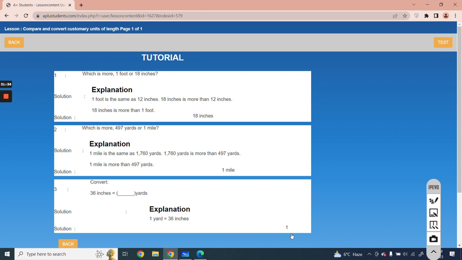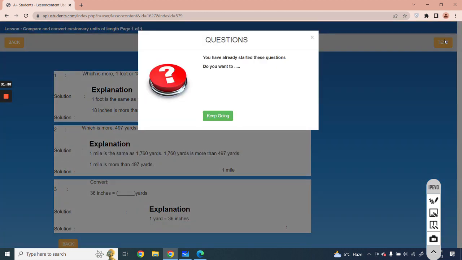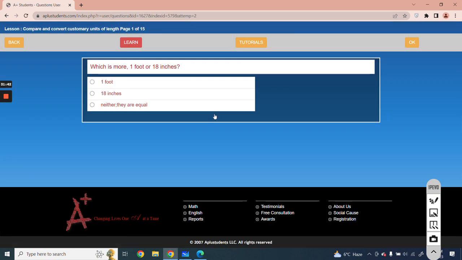Okay, let's start with the test questions. Which is more, 1 foot or 18 inches?